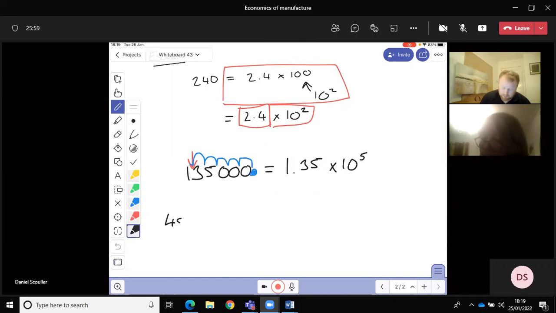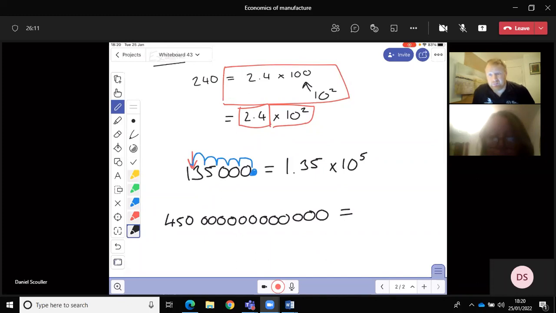Let's go even bigger. That's a hell of a big number. Let's say that is the distance to our next galaxy, or the amount of stars we've got in the universe, something ridiculous like that, or the amount of grains of sand on the beach. A really big number. Now obviously, if we were writing out an equation, we don't want to use that number, that would just be daft.